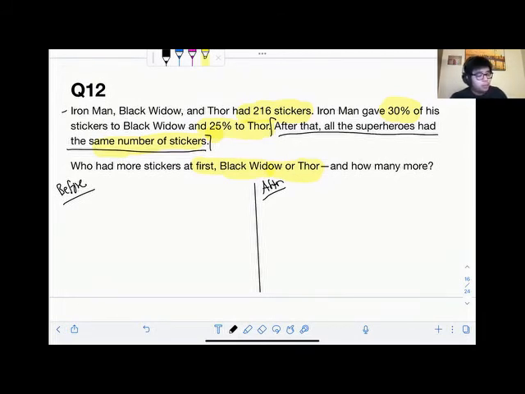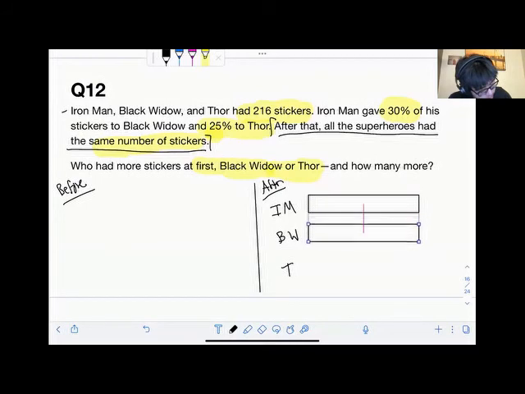Paano po natin siya i-drawing? Dun sa after po, sir, magkakaparehas na po yung boxes ng tatlong superheroes. Okay, so si Iron Man, Black Widow, at saka si Thor, magkapareho na ang boxes nila.